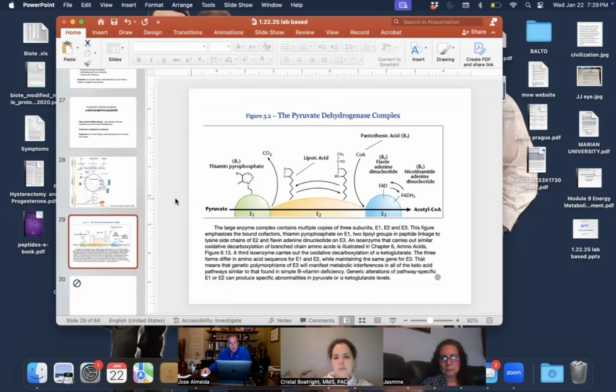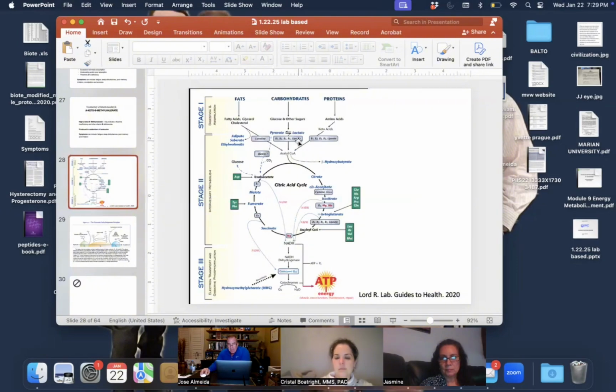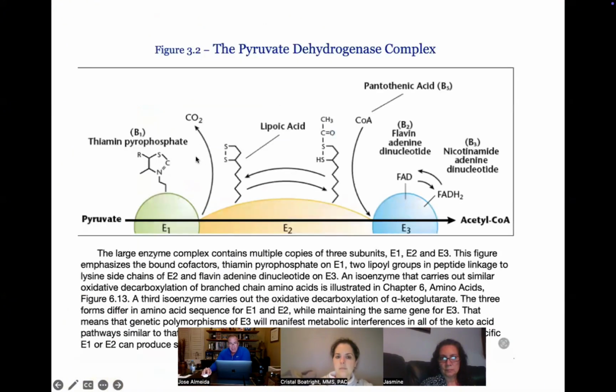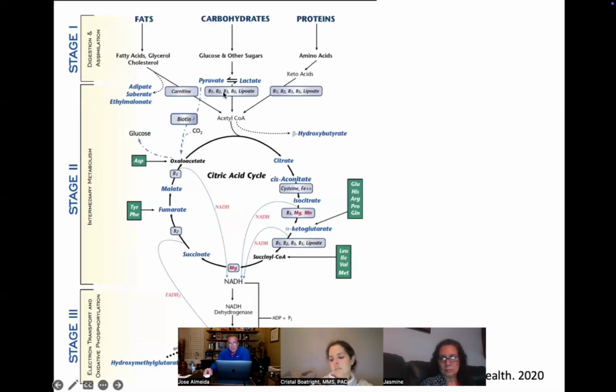So lipoic acid, here we go, lipoate up here. You need lipoic acid and these B vitamins to make pyruvate dehydrogenase convert pyruvate to acetyl-CoA. Where did these come from? Why is this on this diagram? Right here: B1, lipoic acid, B2, B3, this big enzyme, all reflected right here.